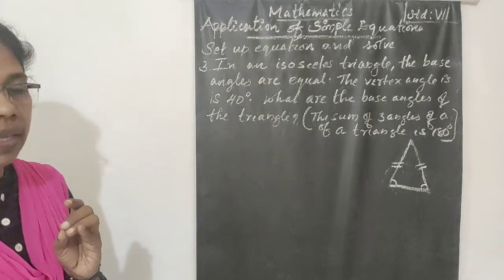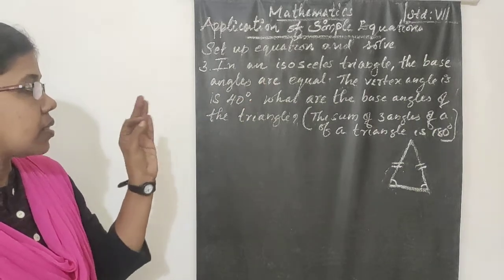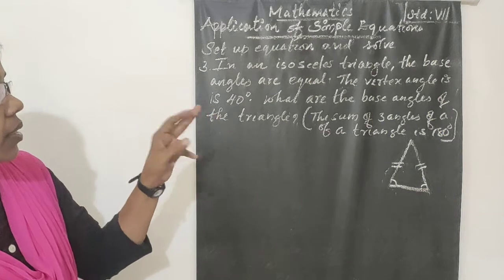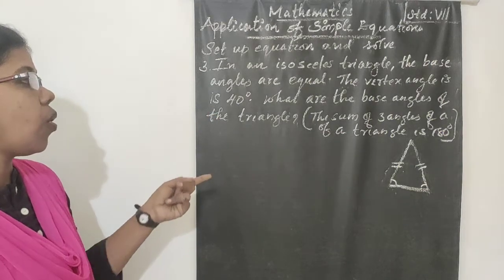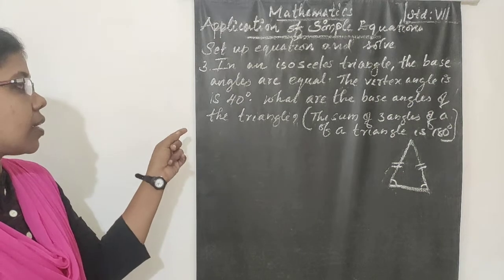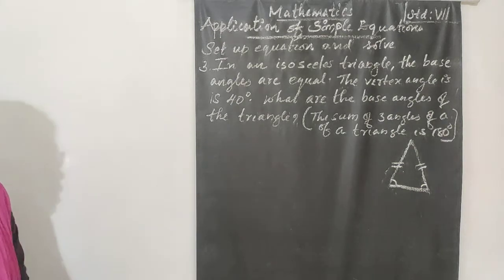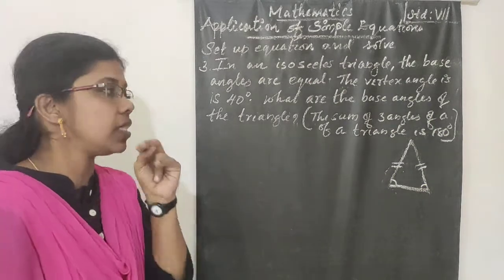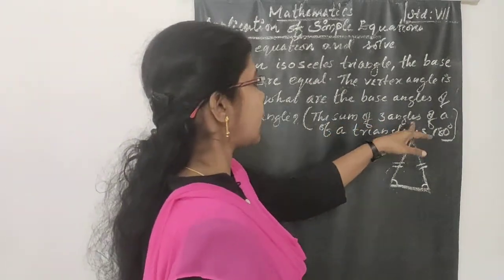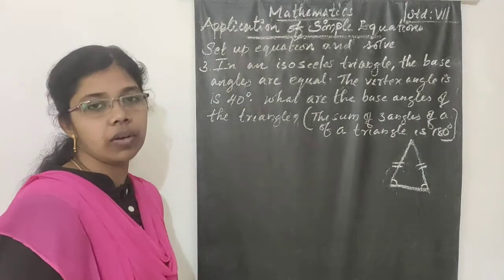The vertex angle is 40 degrees. What are the base angles of the triangle? Also, here is given one hint: the sum of three angles of a triangle is 180 degrees.